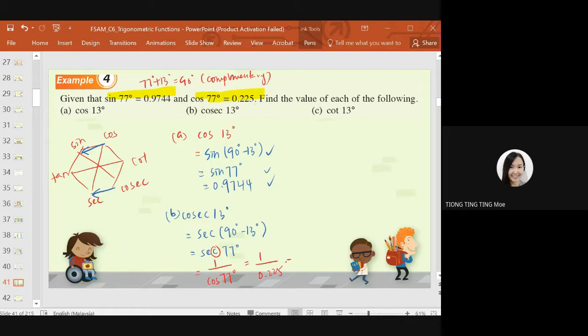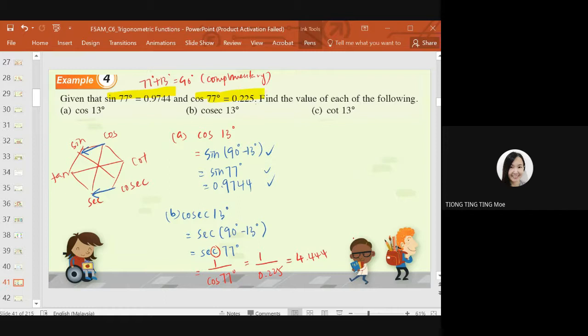So after this, let's check on the calculator. Decimal, 1 divided by 0.225. What is your answer? 40 over 9 or 4.444.